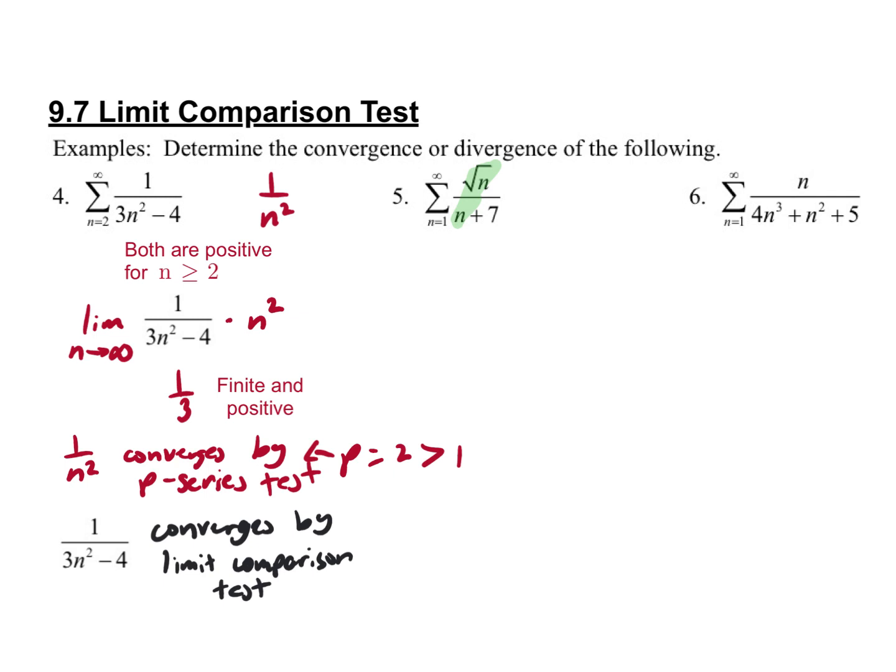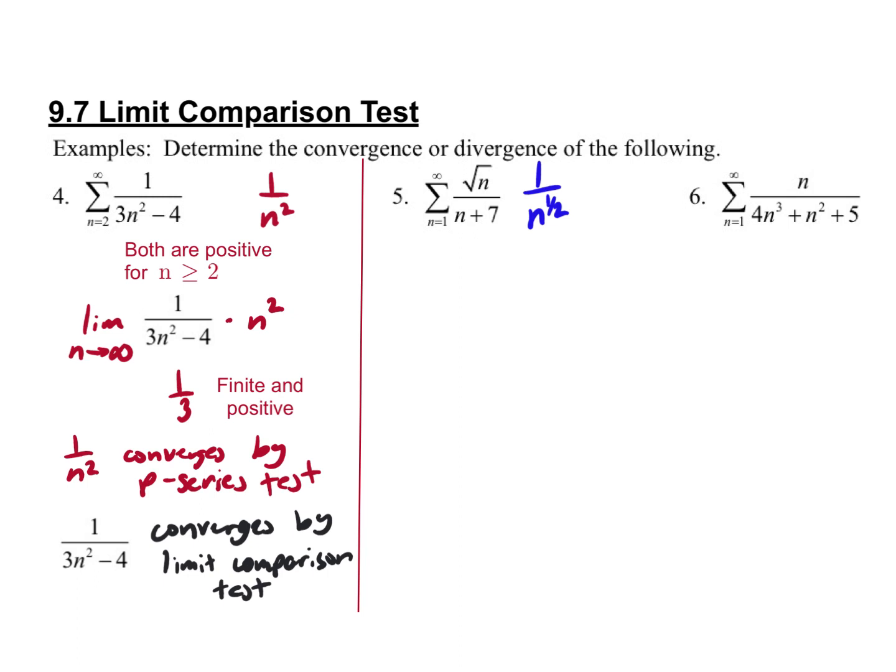What is the square root of n over n? n to the negative 1/2, or, remember, we're going to put it in p-series form: 1 over n to the 1/2. That's what we want to compare to. Does 1 over n to the 1/2 converge or diverge?